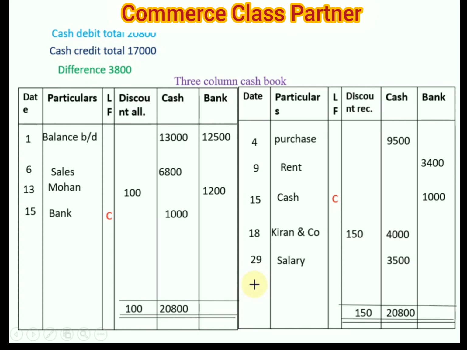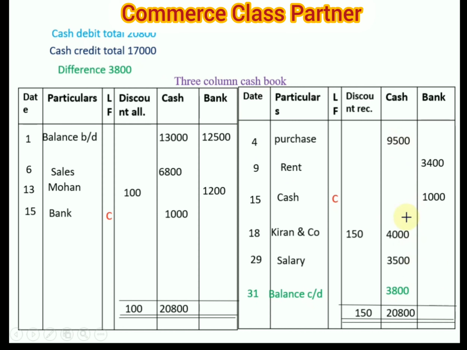The date is the last date of the month, so 31st is given here, and balance C/D should be entered. When we entered the opening balance, it was written as balance B/D. When we are entering the closing balance, it should be given as balance C/D. And the difference is written here, 3,800.